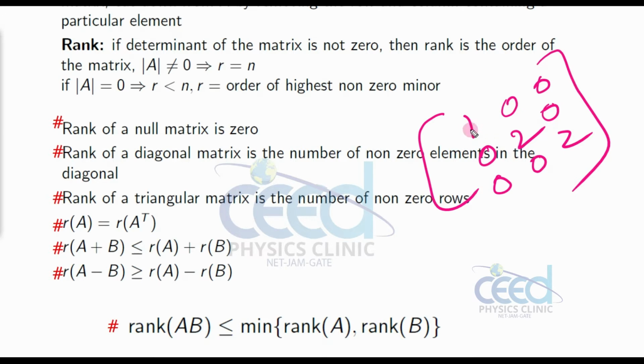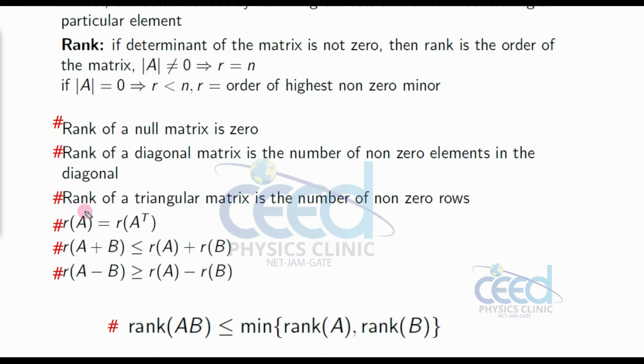That is 1, 2, 3. So its rank is 3. And if this particular element is 0, it has two non-zero diagonal elements, so its rank is 2. That is what this statement means.